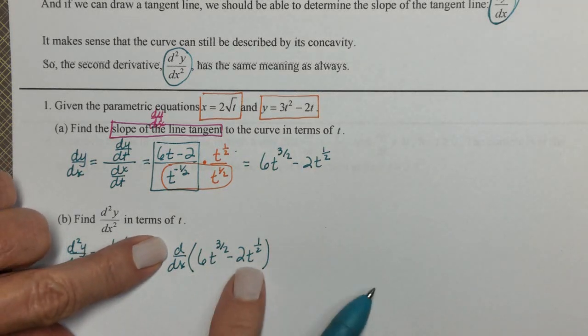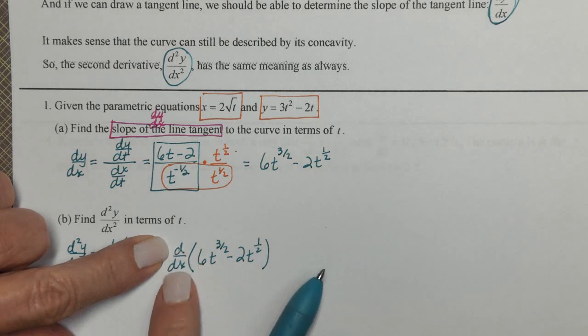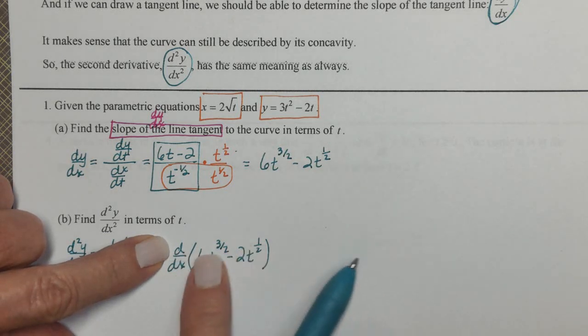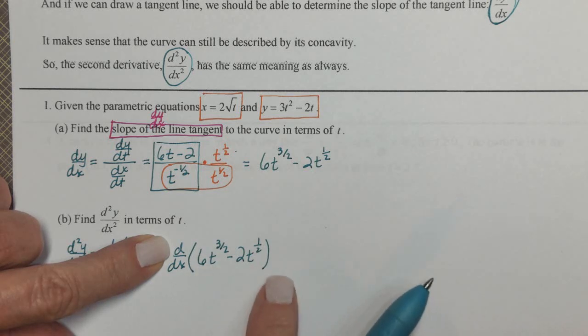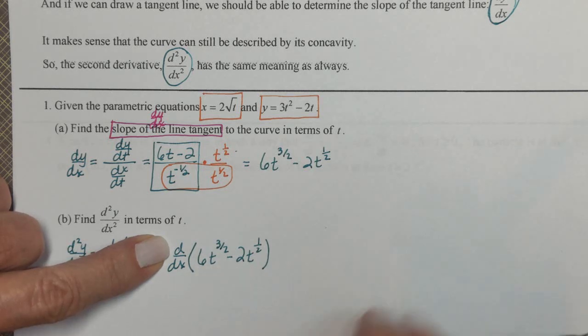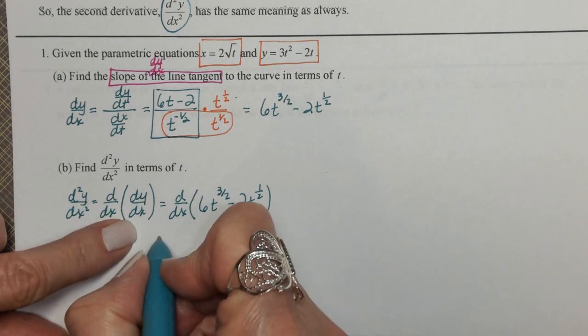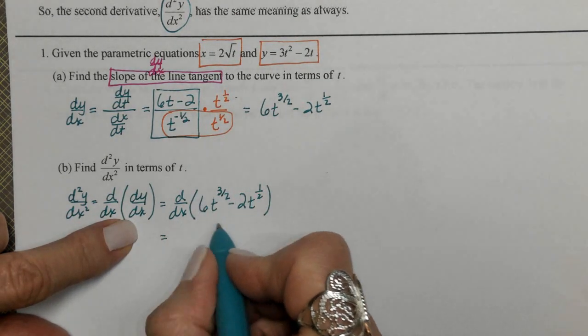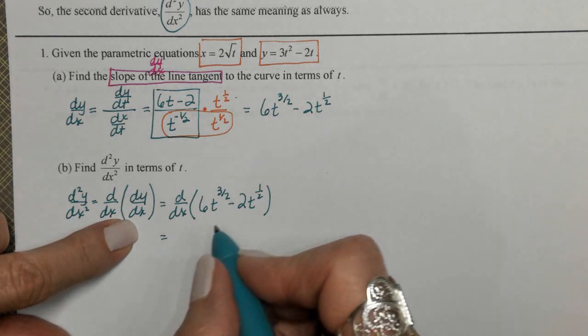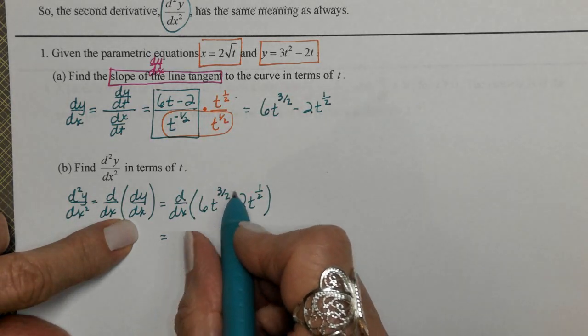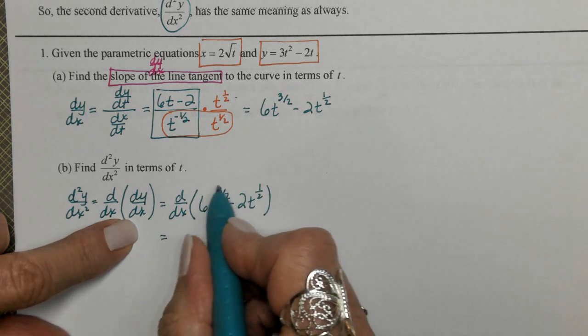So now take a look at what we have. We're taking the derivative with respect to x of something with t's in it, so we have to do implicit differentiation. I'm going to begin by taking the derivative with respect to t, then I'm going to multiply by dt/dx. So first the derivative with respect to t.